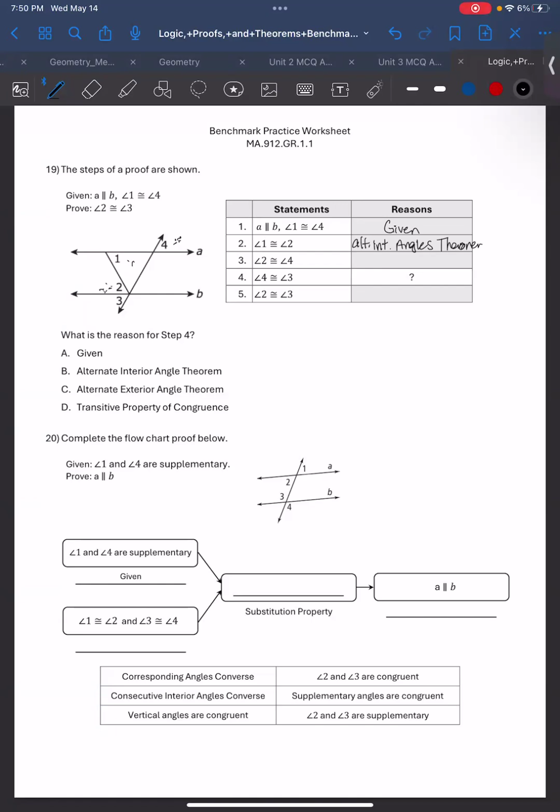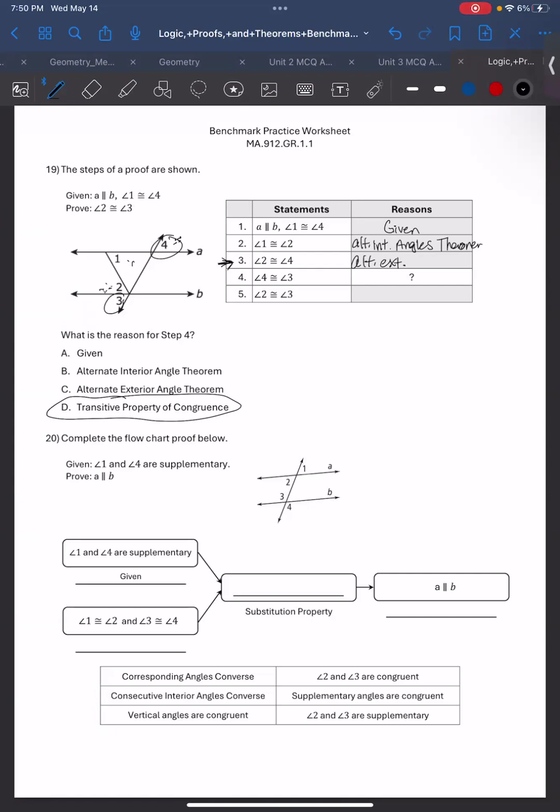Angle 3 has to be somewhere in here because angle 3 and angle 4 are alternate interior angles. So I think they meant to say 3 and 4 because then that would allow you to use the transitive property, which is my correct answer for step 4. But isn't 4 and 3 alternate exterior angles? Yes, 4 and 3 are alternate exterior.